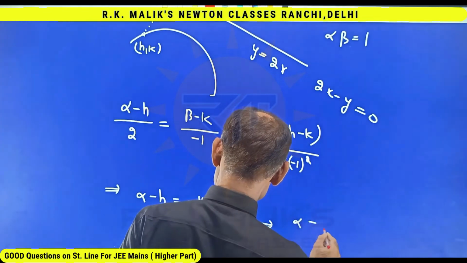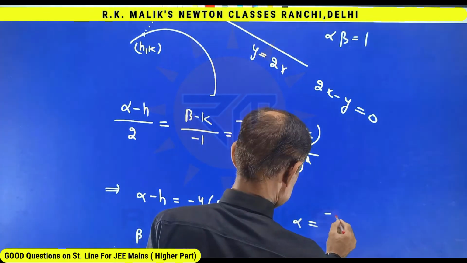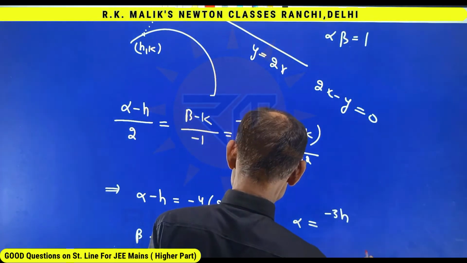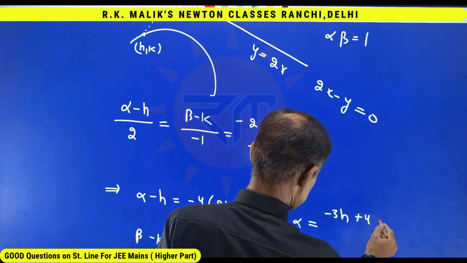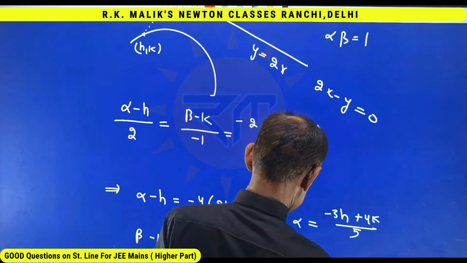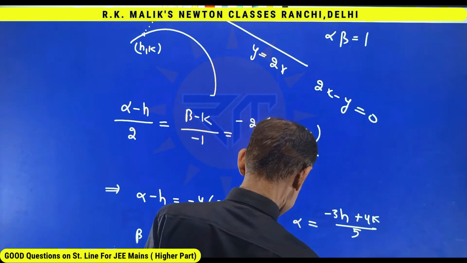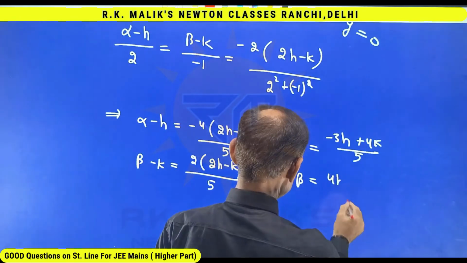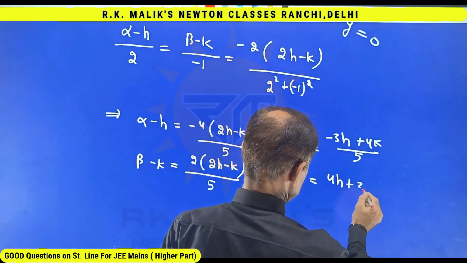That is, alpha is equal to (minus 3h plus 4k) by 5 and beta equal to (4h plus 3k) by 5.